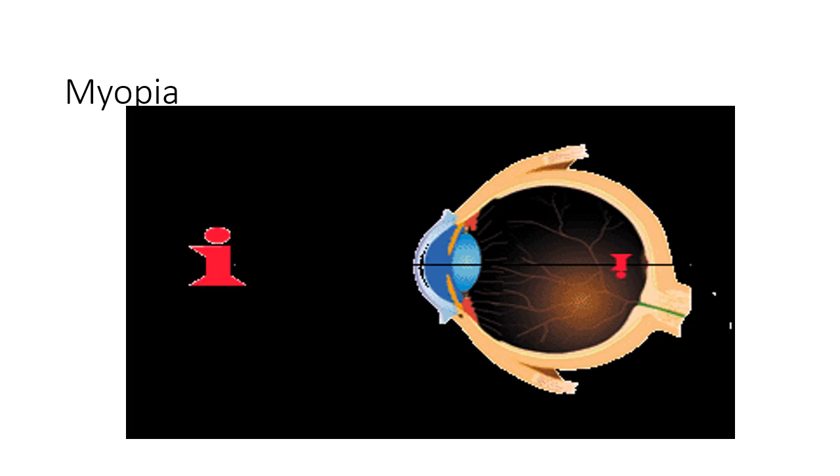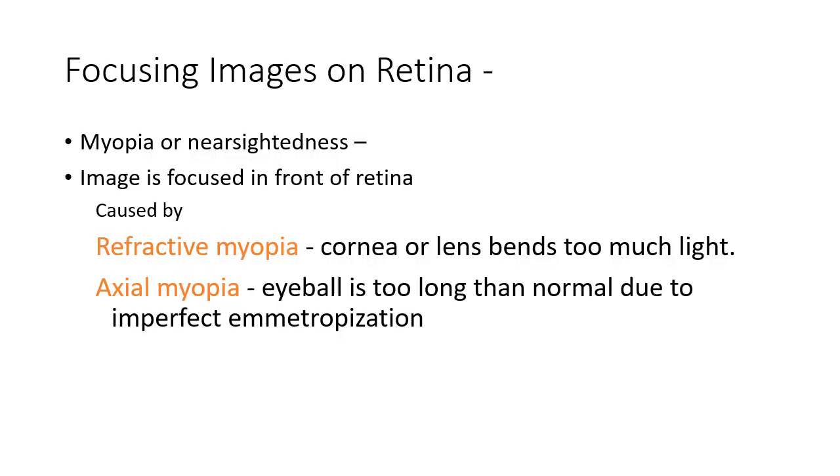So in this picture, you are again seeing how the image of an object is formed. The image is focused in front of the retina; that can be caused by refractive myopia. The cornea or lens bends too much, meaning the curvature of the cornea or the lens is too much, so the bending of the light is more, and the light falls in front of the retina.